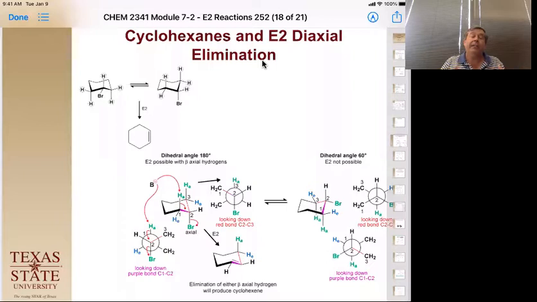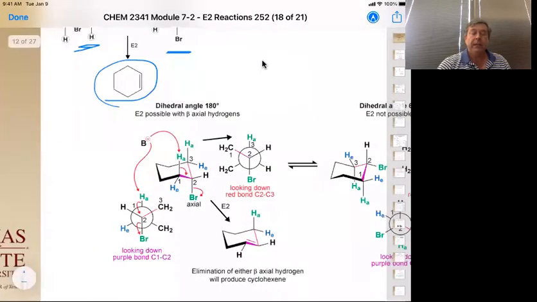So we actually have a preference for the axial hydrogens versus the equatorial hydrogens when we do this reaction, okay? But again, it doesn't matter whether it's axial or equatorial when it's sitting here, we're going to give the same product, okay? But which hydrogen is going to be eliminated?